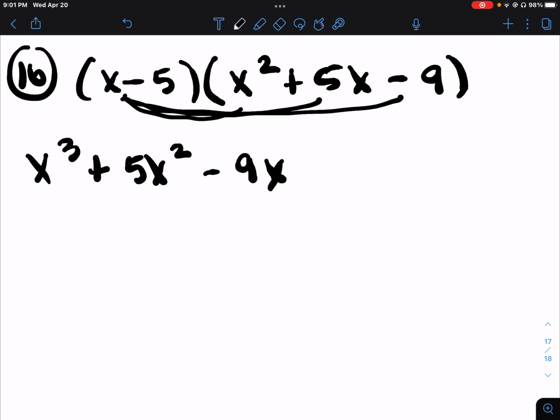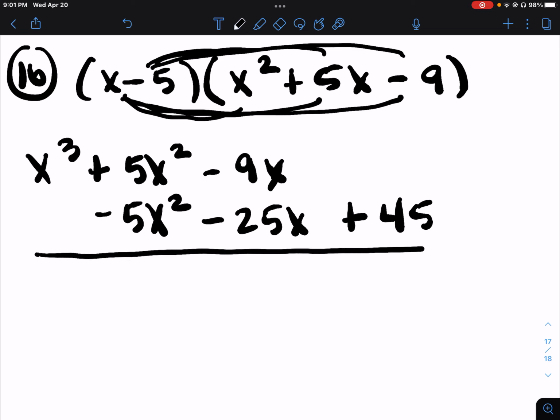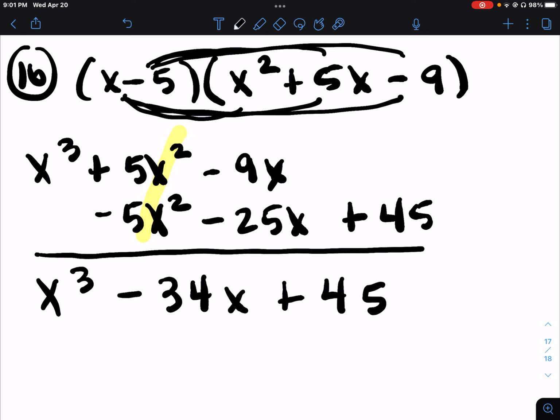Now the negative 5 times x squared, negative 5 times 5x, and negative 5 times negative 9. I'm going to put together my like terms. This 5x squared minus 5x squared just happens to cancel. Minus 9 minus 25 is minus 34x. The signs are the same, so add and keep.